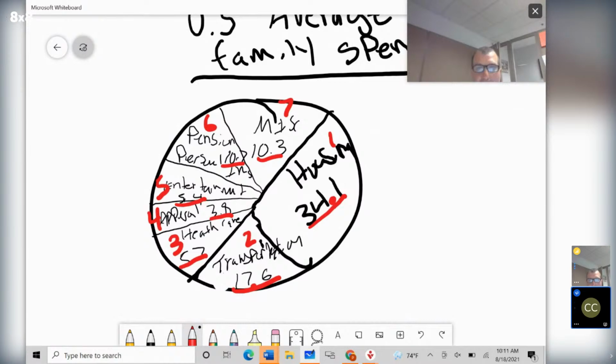So any one of these categories is something maybe you learned from this graph you didn't already know, okay? That maybe even we only spend 5.4% of our money on entertainment, or apparel, 3.8%. Some of us probably spend more money on apparel, clothing, but this is just the average. That's something else you could say, that the average family only spends 3.8% of their money on apparel.